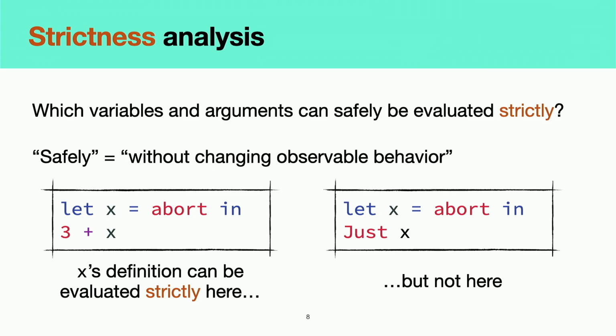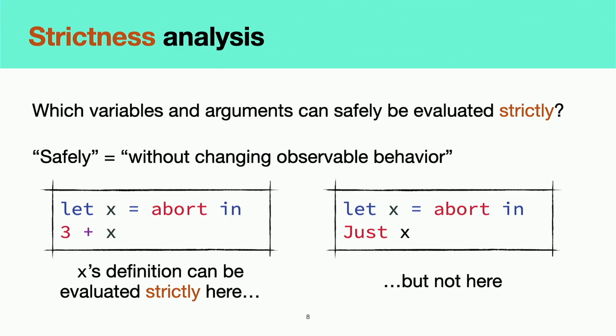This other program, however, will behave differently if evaluated lazily. It will succeed, producing the value just x, where x contains a thunked abort expression. This will not fail because just doesn't evaluate its argument. It uses that argument lazily. So, in general, the key insight of strictness analysis is that the definition of a strictly used variable can itself be evaluated strictly, while the definition of a lazily used variable must be evaluated lazily.